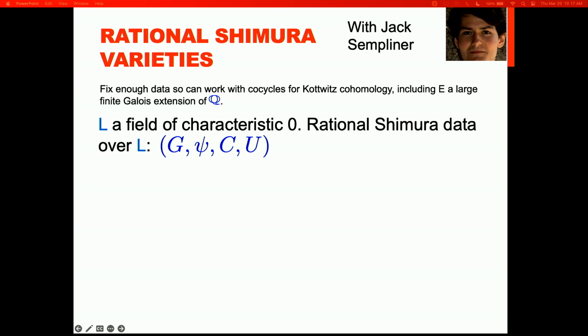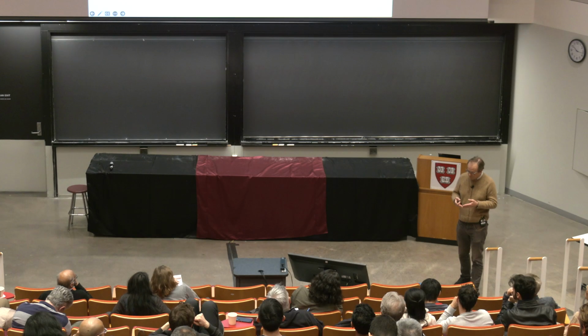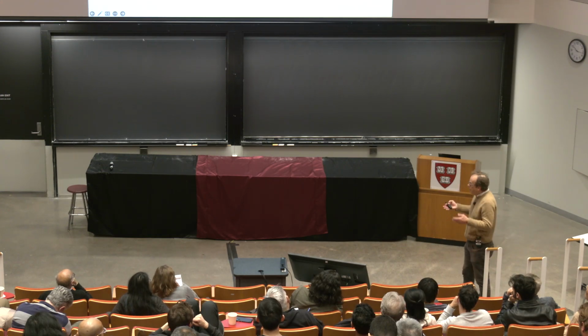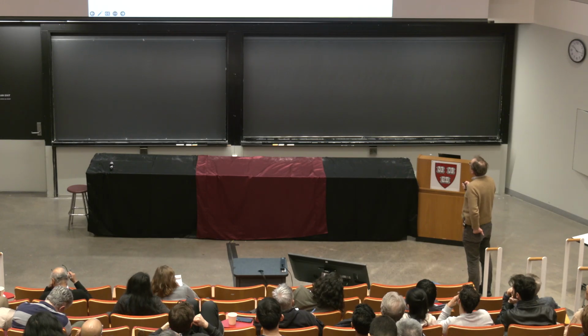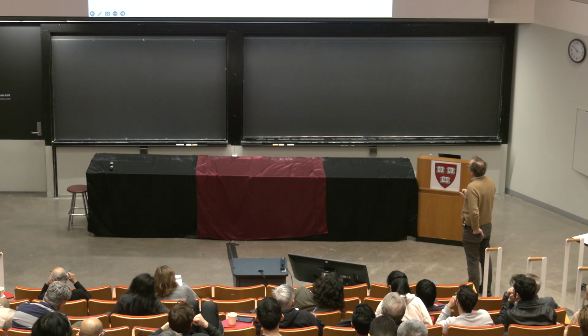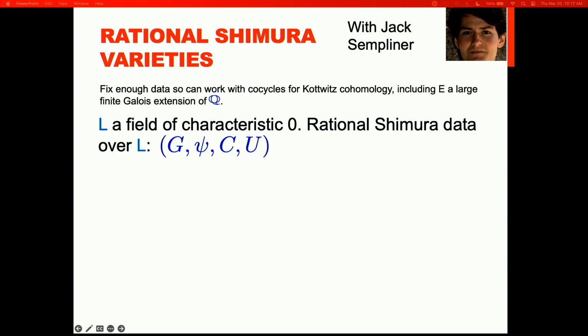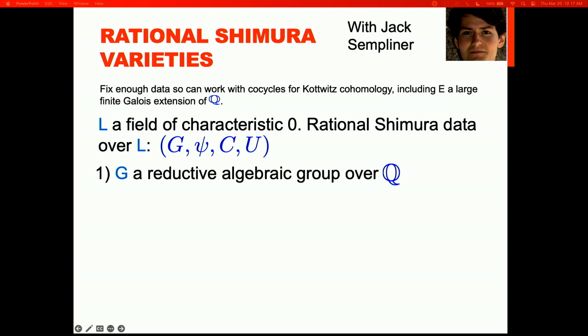You have to make some choice of extension, and you have to also make choices of how you compare the local and global theory, which I'm going to brush under the carpet, but you have to make such choices. And then once you've made such choices of these extension groups, what we propose is that if I'm given a field of characteristic 0, then a rational Shimura datum over the field L should be a 4-tuple of the following sort.